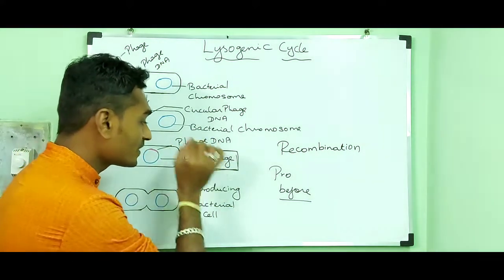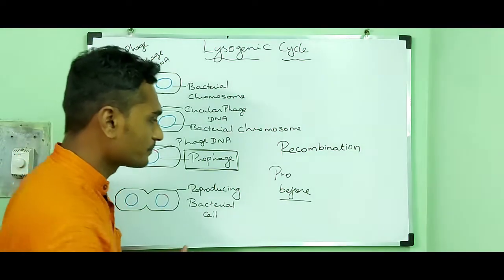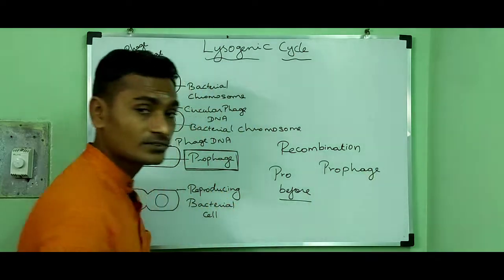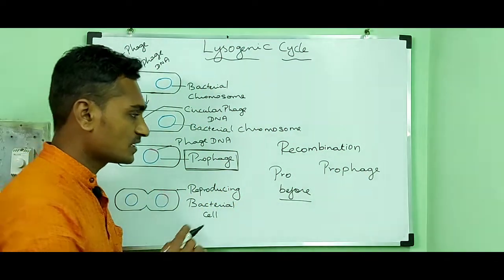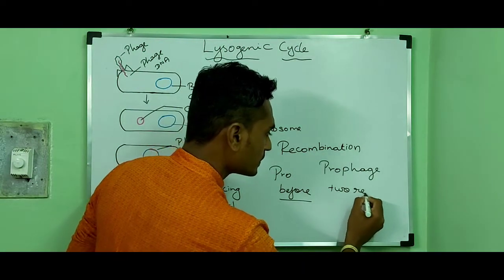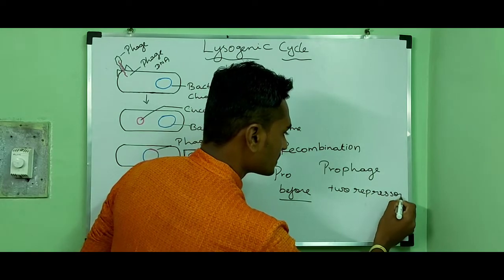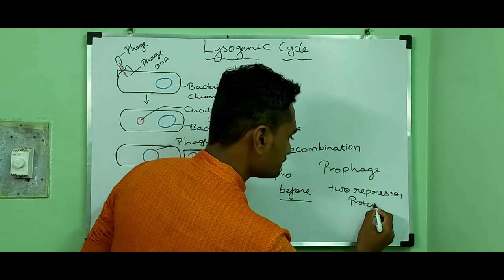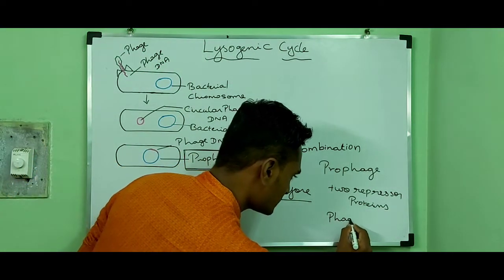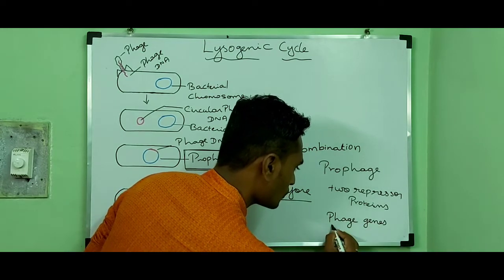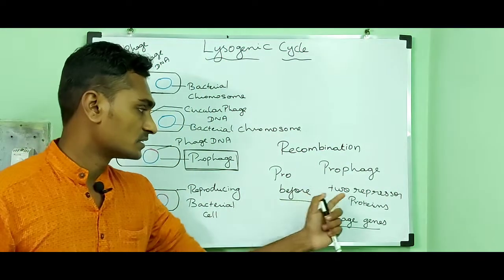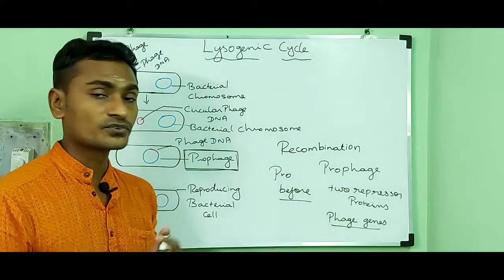Then the prophage activities are controlled by two repressor proteins, produced by phage genes. Why do the phage genes have to produce repressor proteins to control the prophage activity?